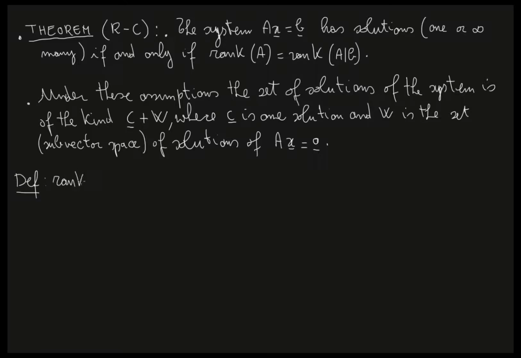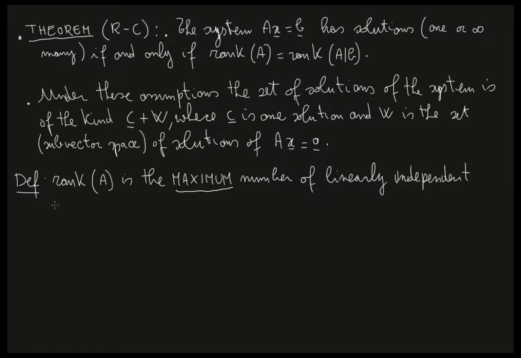Rank of a matrix, rank of A, is the maximum, and this is very important, maximum number of linearly independent column vectors of A. Now, if we had not stated the word maximum, which is typical in any oral examination with my students, they just say rank of A is the number of linearly independent column vectors of A.